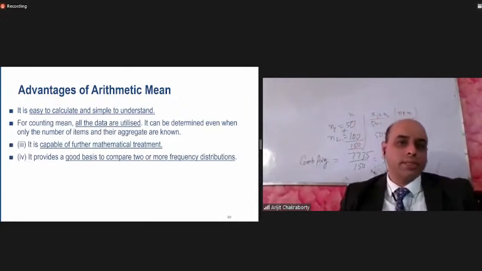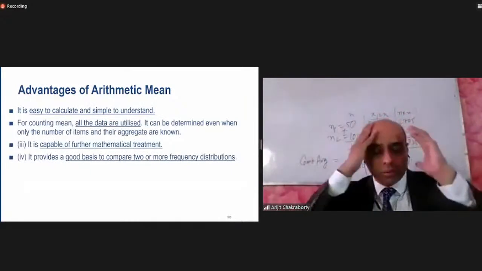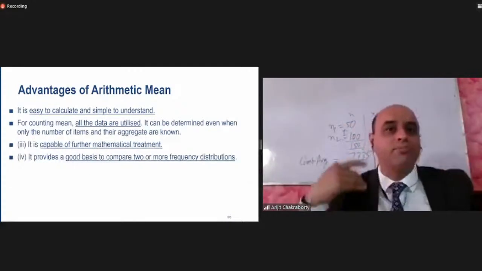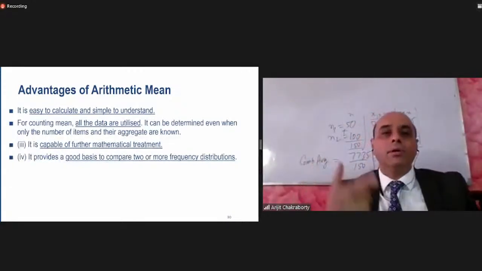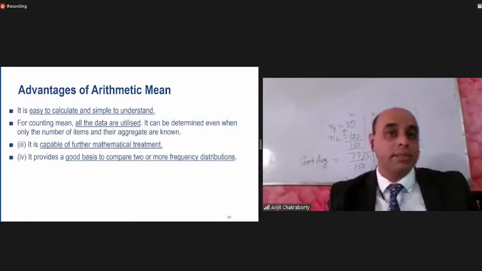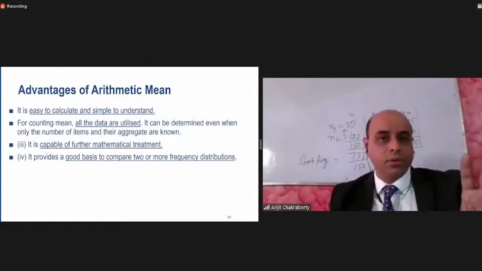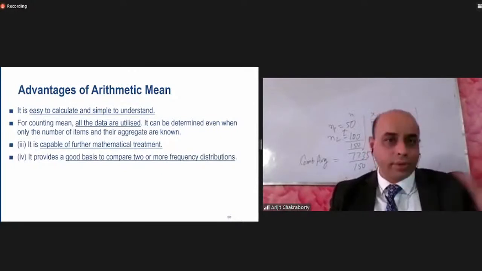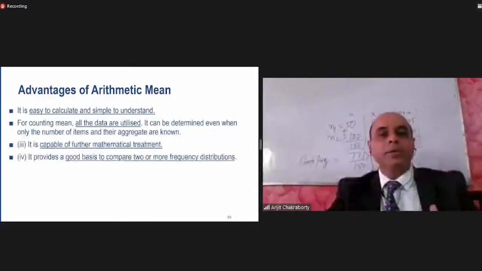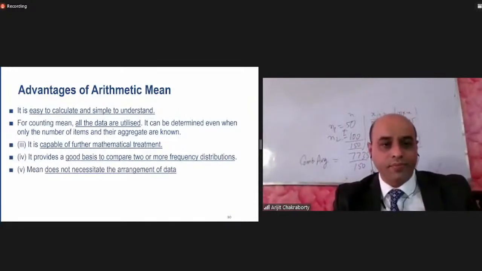So you can conclude that section B has better performance, because the average score is higher in section B, 78% against 71% in section A. So arithmetic mean provides a basis to compare two or more distributions.